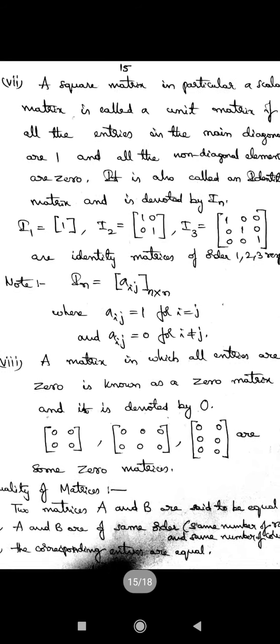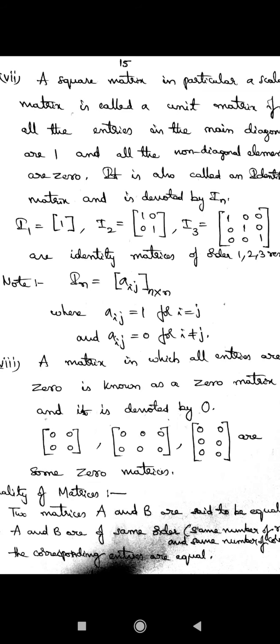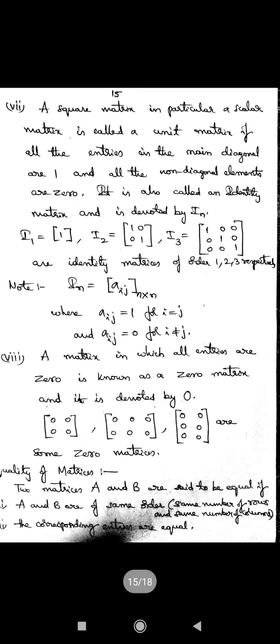Now the last but one point to be noted down is that a square matrix, in particular a scalar matrix, is called a unit matrix if all the entries in the main diagonal are 1 and all other non-diagonal elements are 0. It is also called an identity matrix, and it is denoted by In.